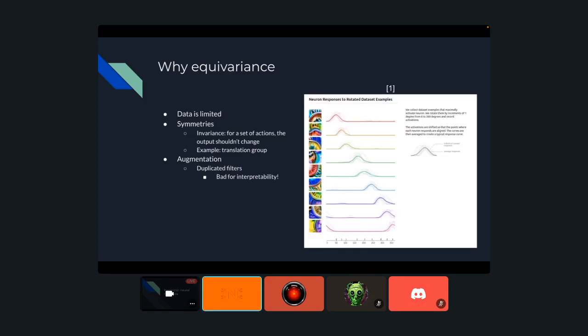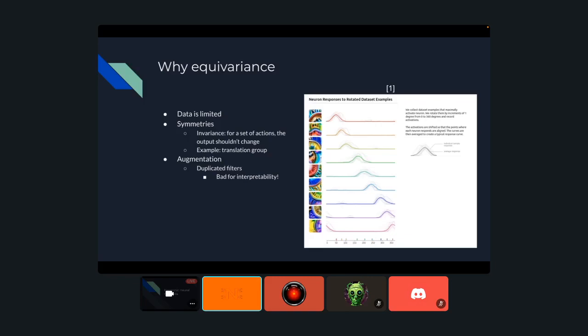First of all, when you just augment data and let the network figure out how to learn to be invariant, you'll get duplicate filters. For example, if your neural network is trying to detect a curve in an image, it will naturally learn filters that represent this curve at every possible rotation.